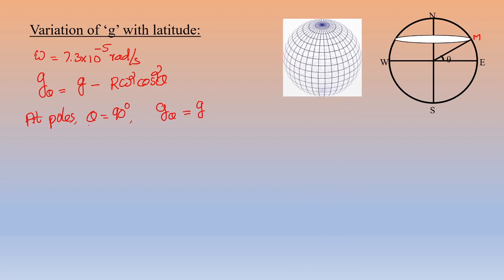Okay. And what happens at the equator? What is the value of theta? The latitude corresponding to the equator is 0 degrees. So what happens to the value of g theta? g theta is equal to g minus r omega square.